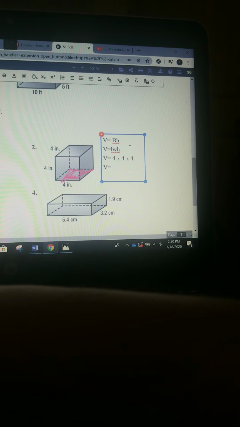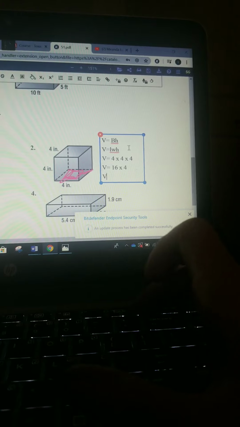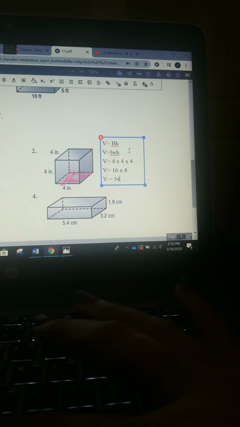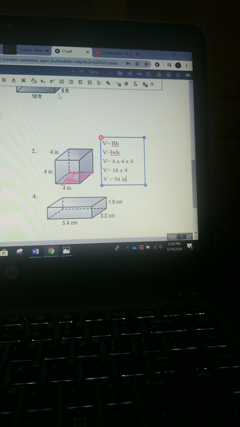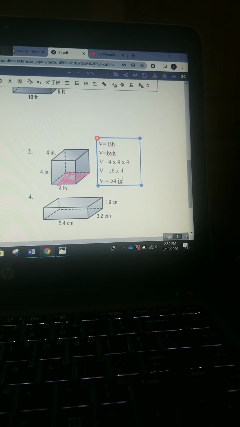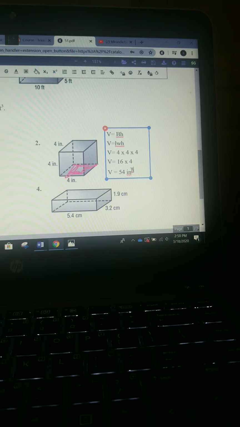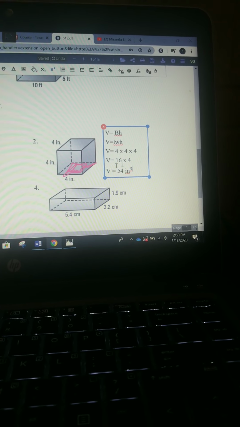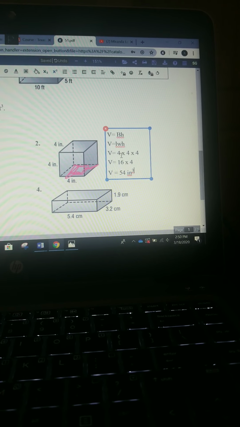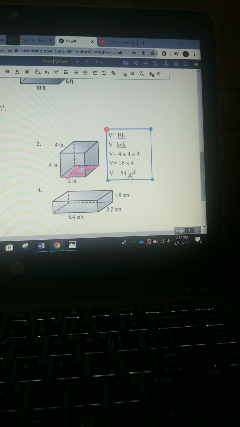So 4 times 4 is 16. Times the 4 of the height means that the volume is 64 inches cubed. And there's a little 3 there. It's not a 2. In area we use a 2, but in volume we use a 3 because it's a three-dimensional figure. We are multiplying 3 numbers together in order to get the volume.